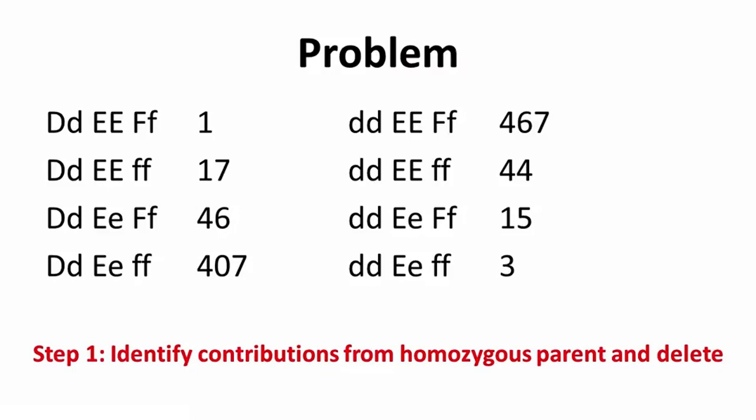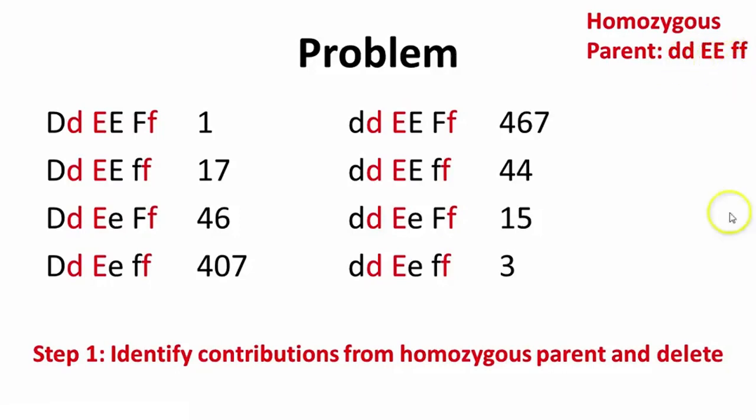They have one allele that is shared by all individuals. Which allele is that? Well, that would be the little d. For the E gene, it's the capital E, and for the F gene, it's the little f. So these are clearly the contributions from the homozygous parent. So the homozygous parent, let's just say it was the dad, would have been little d, big E, little f, little f.